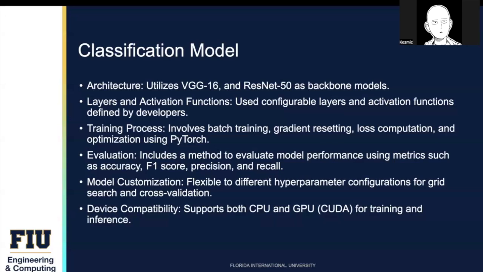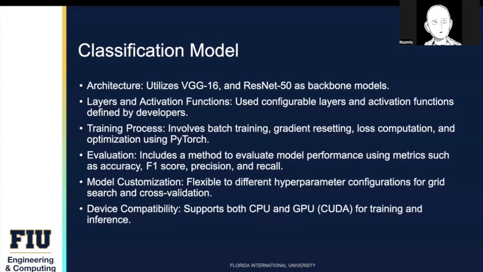And then we evaluate the model using statistical metrics like accuracy, F1 score, precision, and recall. F1 score typically being the most useful as a mean between precision and recall.